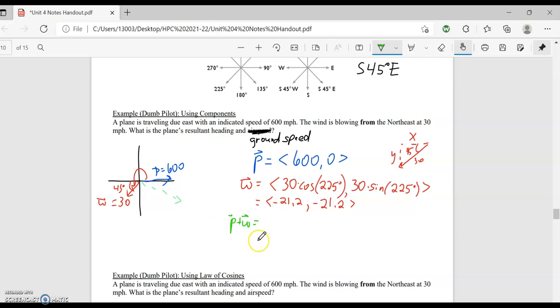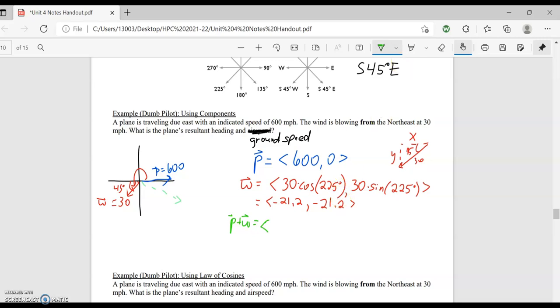Okay. So what we want to know is, what is that actual resulting vector, p plus w? Well, we weren't given that information. We need to find it. If you look at what the root of this vector is, it's p plus w. Here's p, here's w. So all we need to do is take the x components of p and w and combine them. Same thing with the y components.